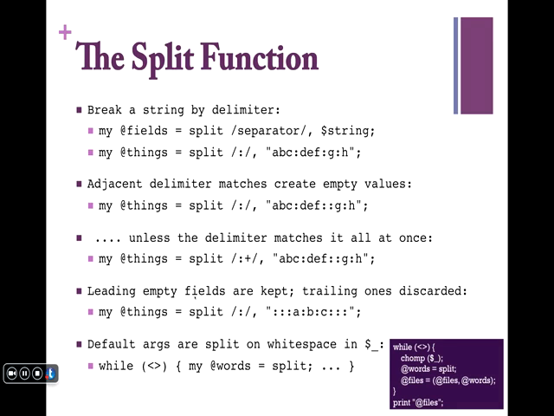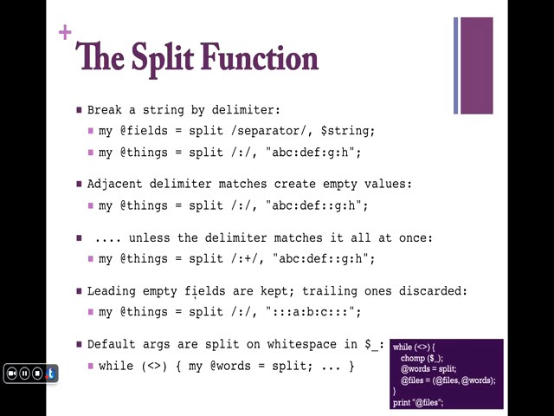So in the second line or the third line, the example is the following. I have a string ABC colon def colon G colon H, and I want to get out of that string a list of elements. Those elements are split by a separator that is colon. So in the end, I will end up with the following 4 elements. The first element will be ABC, the second element will be DEF, the third G, the fourth H. Okay.